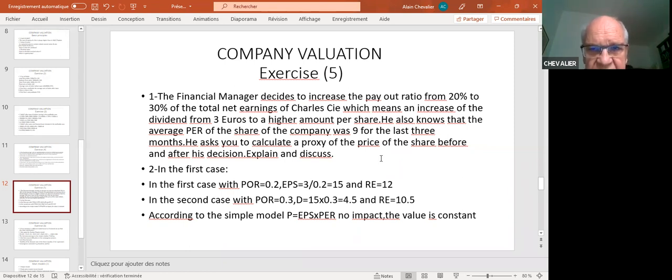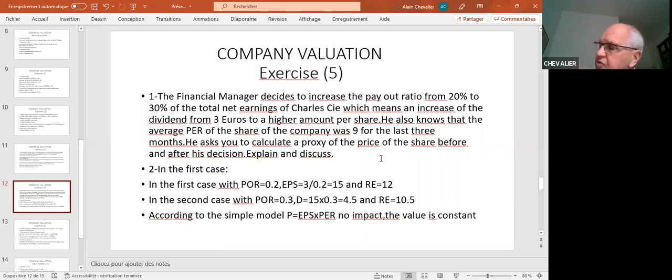This means an increase of the dividend from 3 euros to a higher amount per share to calculate. The CFO also knows that the average price earning ratio of a share of the company was 9 over the last 3 months.